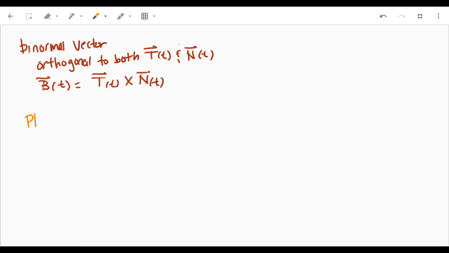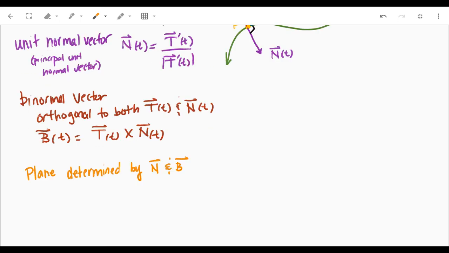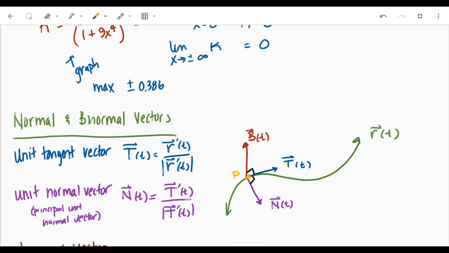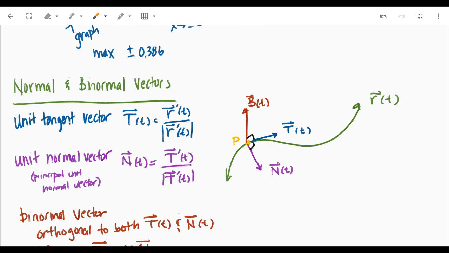The plane determined by N and B, the purple vector and that red vector. Think about that whole plane, not just a first quadrant, that B and N would lie in.